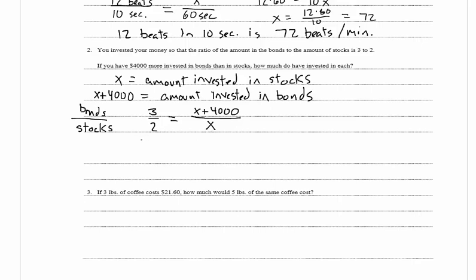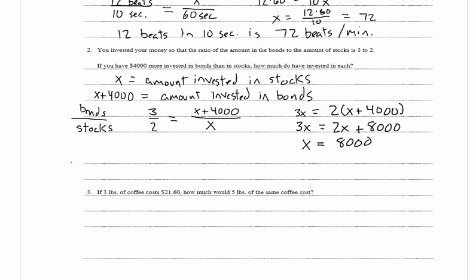And now we're going to cross multiply. So we get 3x is equal to 2 times x plus 4,000. And now we're going to distribute the 2 through the parentheses. So we get 2x plus 8,000. And now we're going to subtract 2x from both sides, and we get x is equal to 8,000.